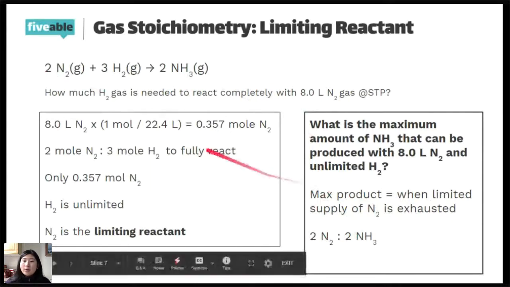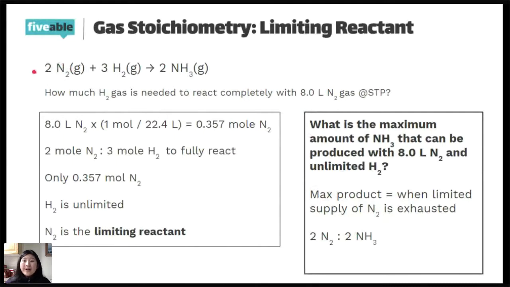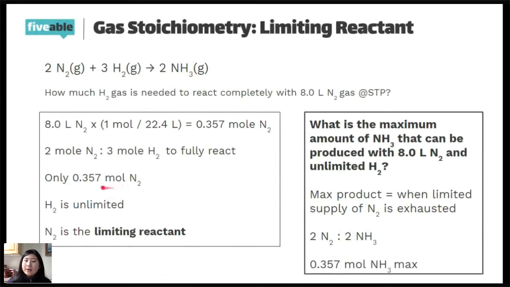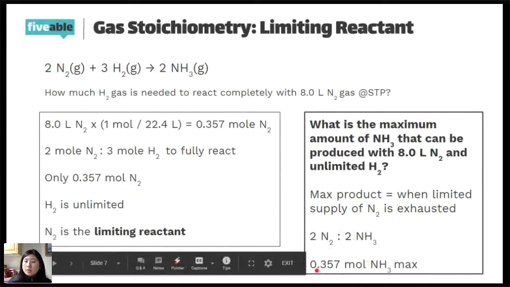So once this is all used up, we're going to produce 2 moles of this. That is the ratio. So after we use up all this, we get this much NH3. That means 0.357 moles of nitrogen gas, which is right here, if it were to fully react, is going to produce 0.357 moles of NH3. So that is the maximum amount of NH3 that can be produced.